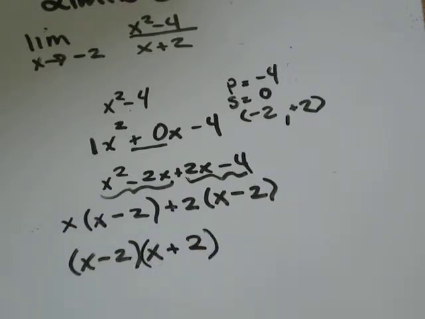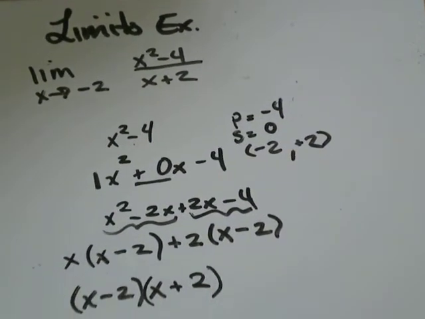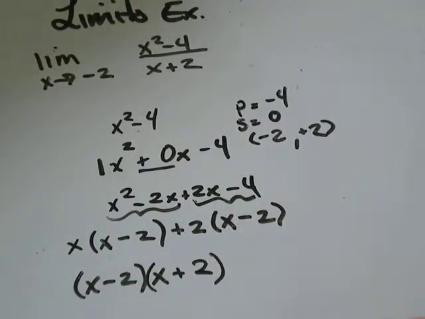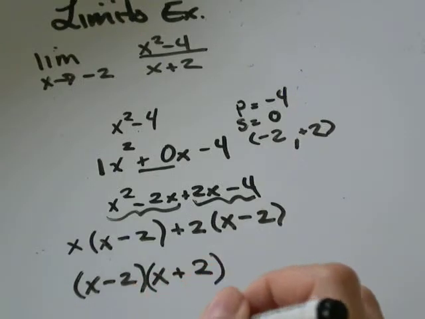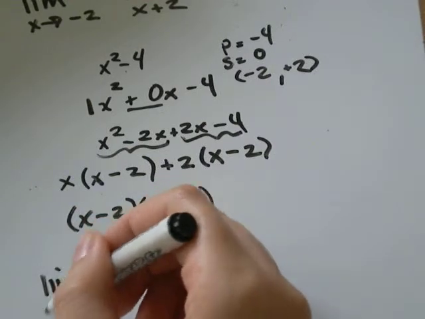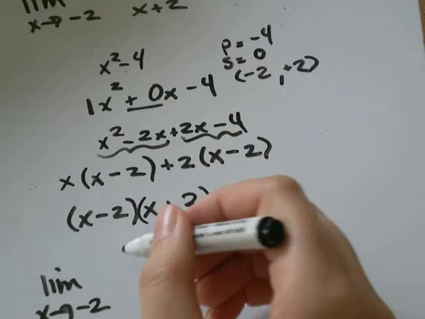So let's go back up to our original equation. Instead of x squared minus 4, we just found that it's equivalent to x minus 2 times x plus 2. So I'm going to rewrite the limit using that new information.